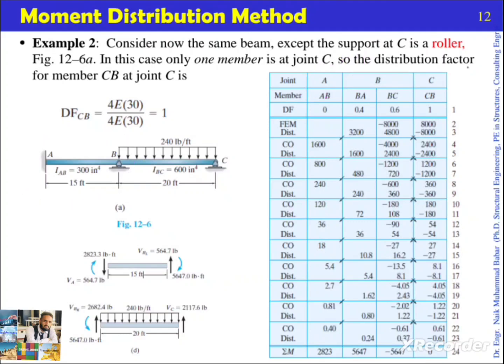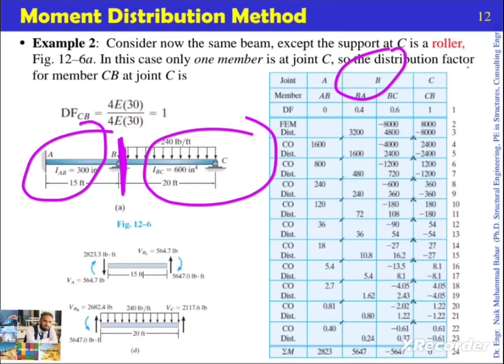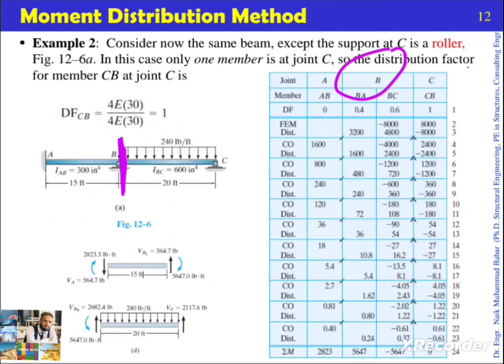At joint B 2 members are attached: one is BA and the second is BC. So in the joint B column we will make 2 more columns for member BA and BC. At joint C, the last joint, there is only one member attached, which is CB.